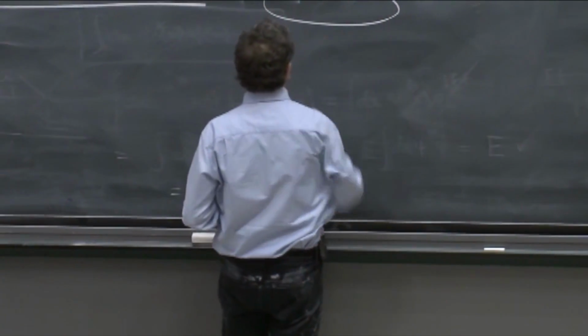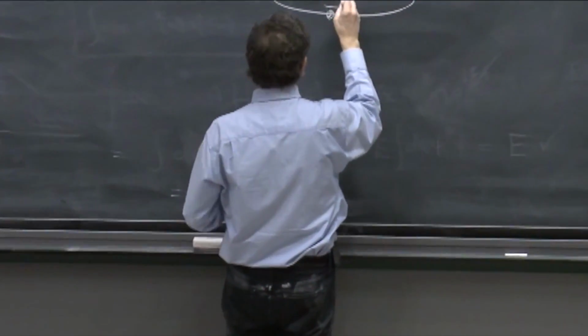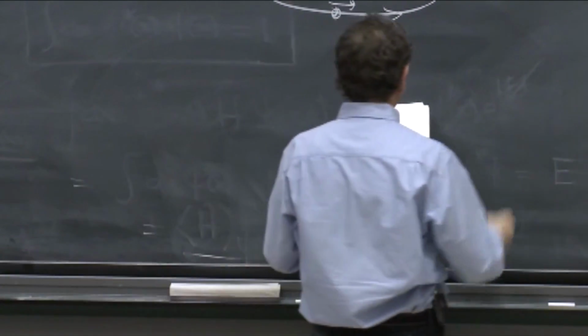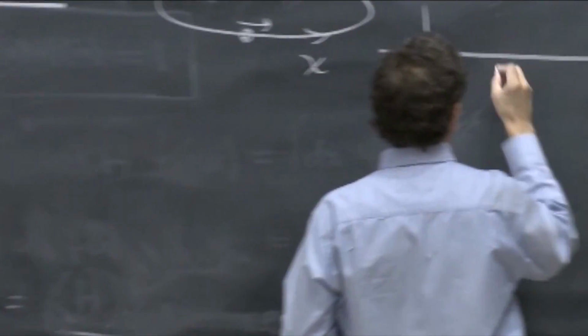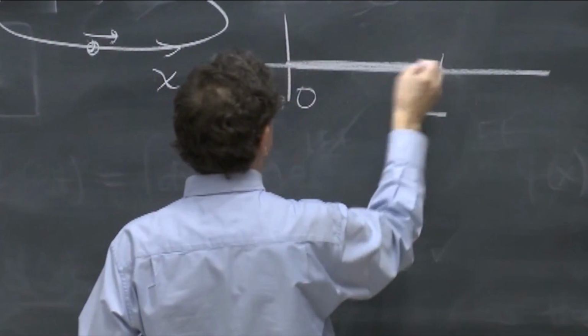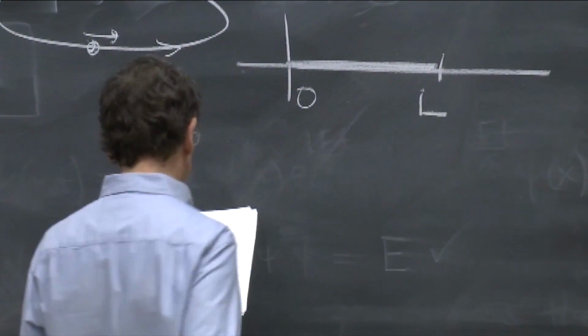So we have a particle in a circle, which means particle moving here. And this is the coordinate x. And x goes from 0 to L. And we think of this point and that point identified.